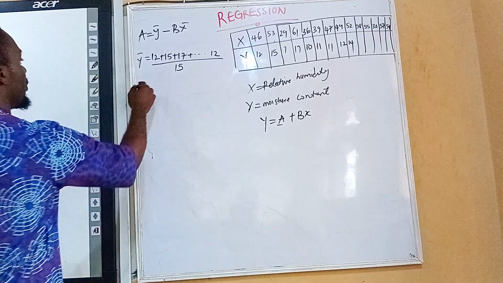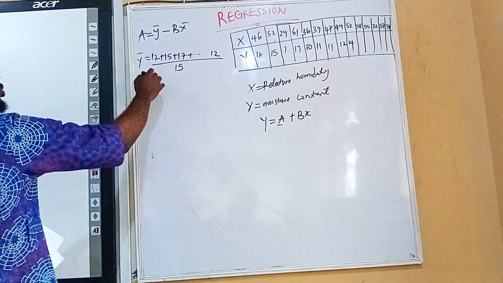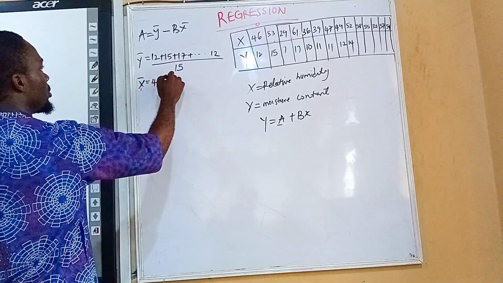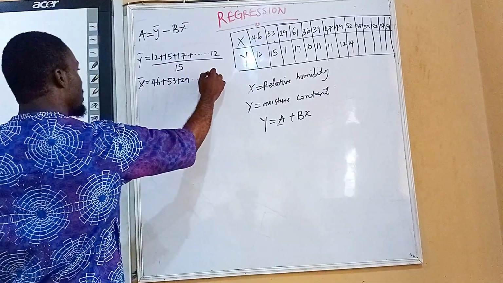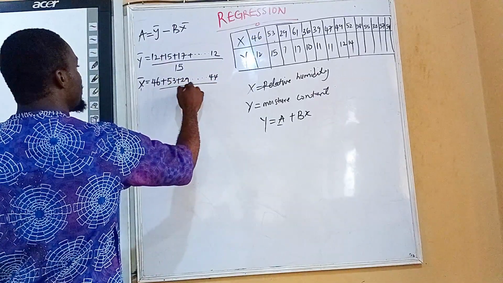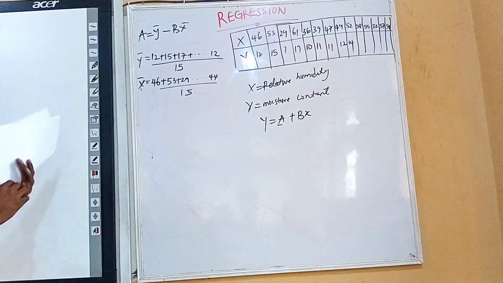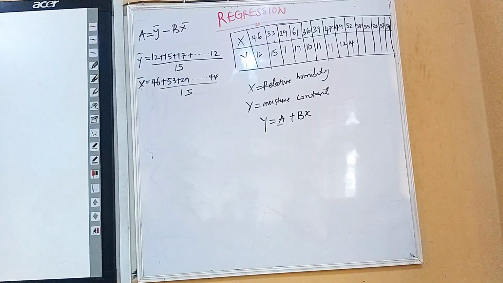Similarly, for S mean, you sum 46 plus 53 plus 29 up until the end of 44, all over 15. You get our S mean.